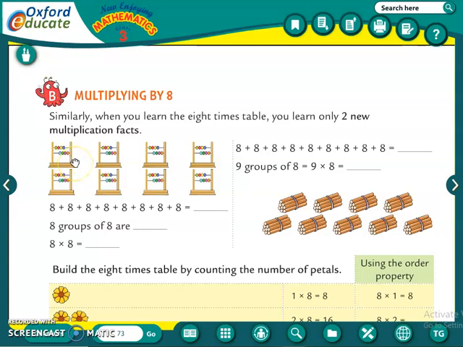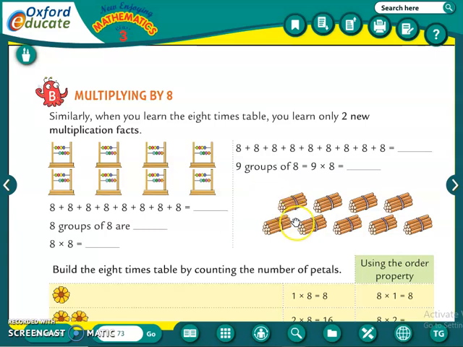In each group also 8 balls are there. So it is written 8 for 8 times. 8 groups of 8, and 8 multiplied by 8 is equal to 64. So all the 3 answers will be 64.